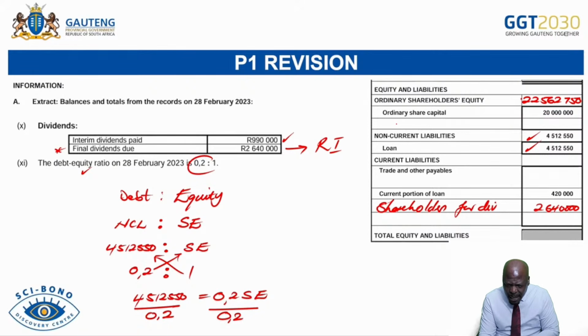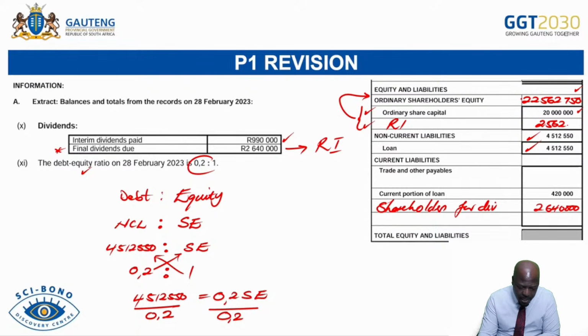That means here, I can get my retained income, because I know if I say ordinary share capital plus retained income, it must give me my ordinary shareholders' equity. So if I take the difference between my shareholders' equity and my ordinary share capital, I'll end up with 2,562,750, and that becomes my retained income.